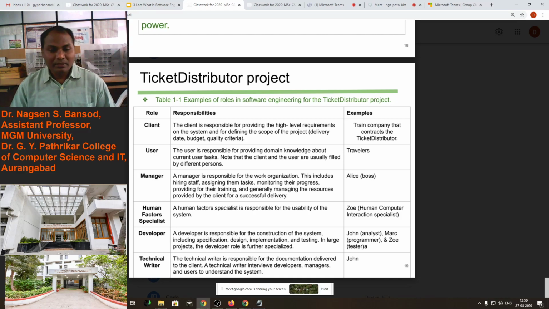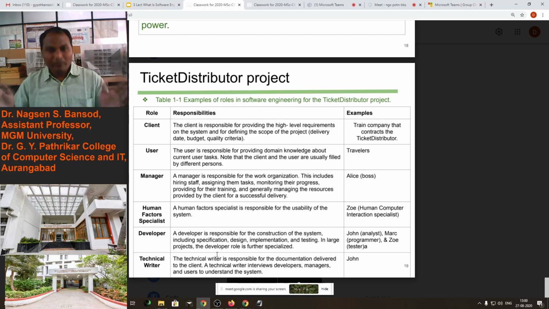Then developer is also a special task. The developer is responsible for the construction of the system, including the specification, design, implementation, and testing in a large project. The developer role is further specialized.